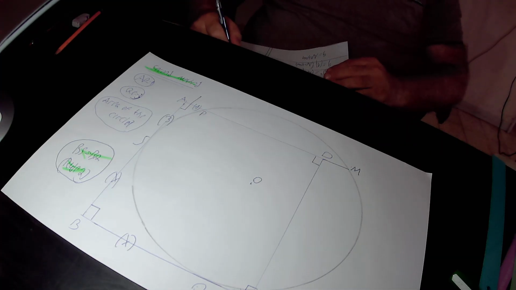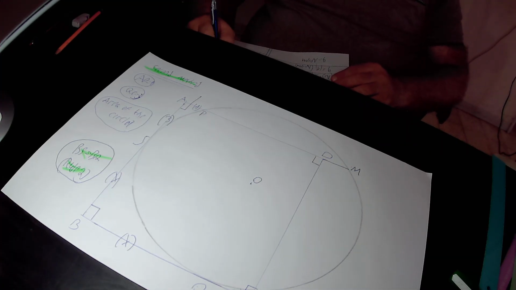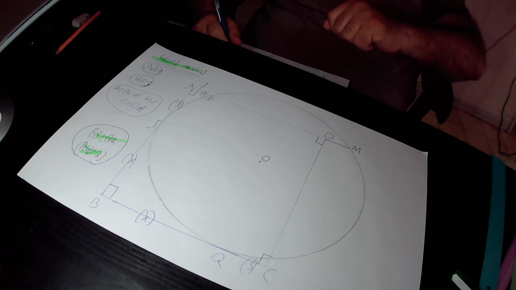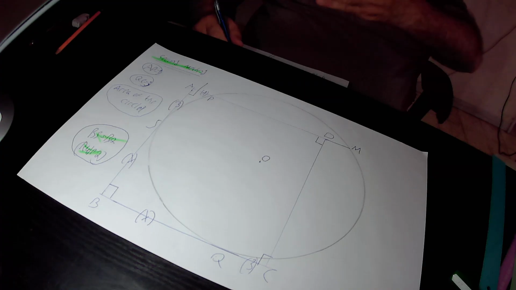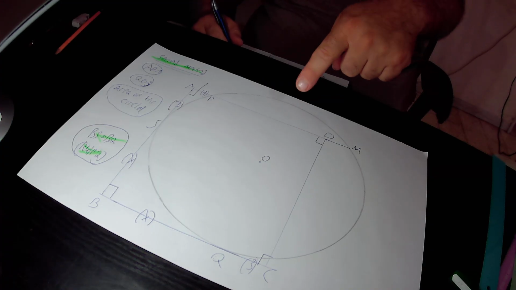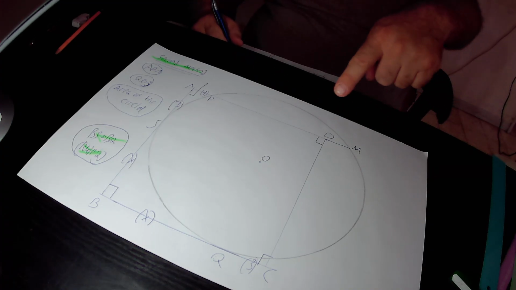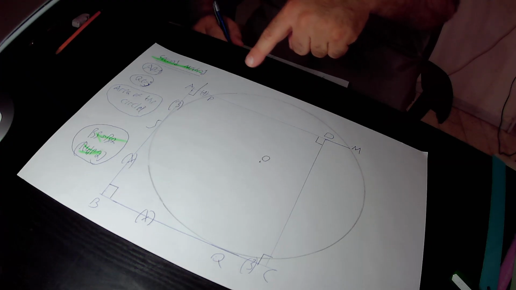In the next step, we will do a construction. That is to say, from this point O, the center of the circle, we will draw a perpendicular on chord PM.